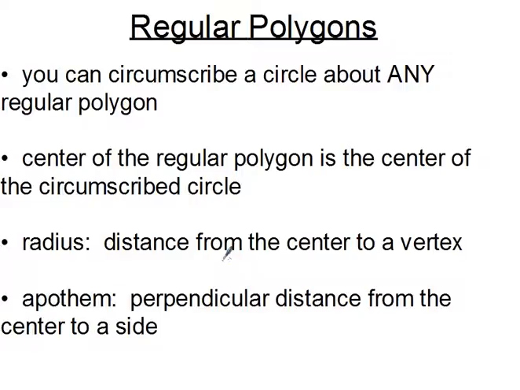So then you have radii in this, and they would go from the center to the vertex of the shape, because the vertex of the shape is also on the circle. So if you had a triangle inside a circle, the radius would go from the center to one of the 3 vertices. And then we have a new word that we're going to throw into this, the apothem. This is a perpendicular distance from the center to any side of the shape. Think of it as a height. It's kind of like the height of the shape.